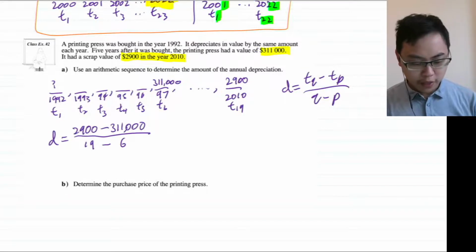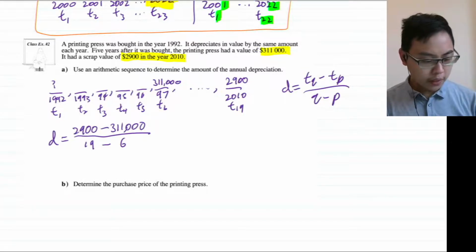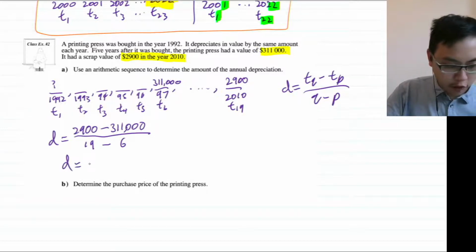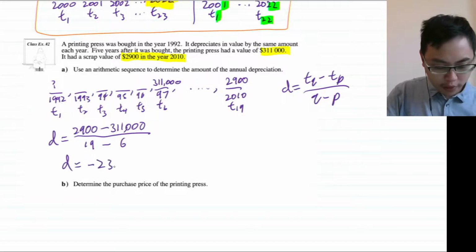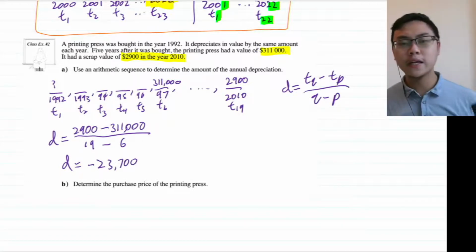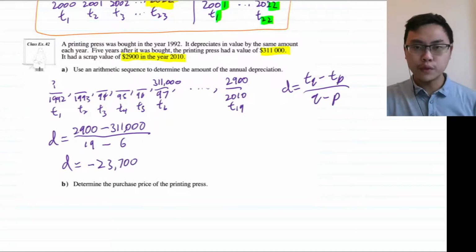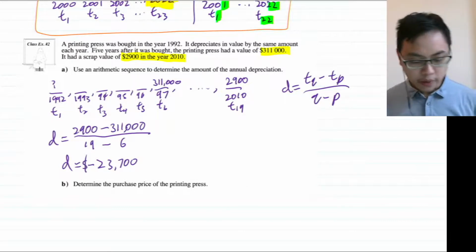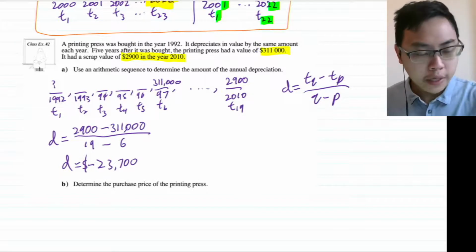All of that divided by 19 minus 6 in a bracket. And you would get a common difference of negative 23,700, which means that every single year the printer depreciates by $23,700.